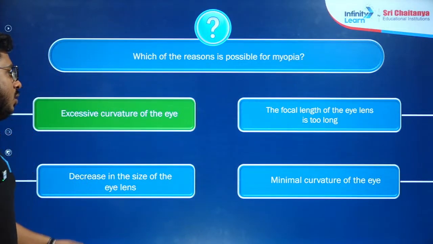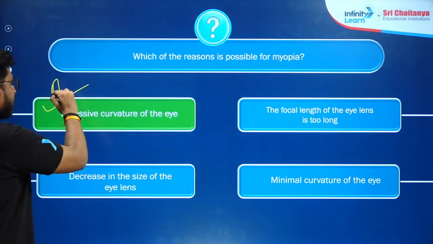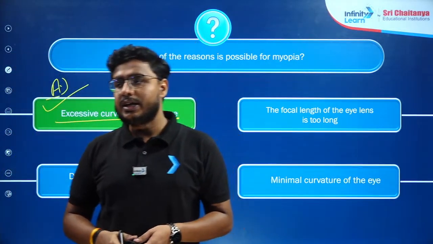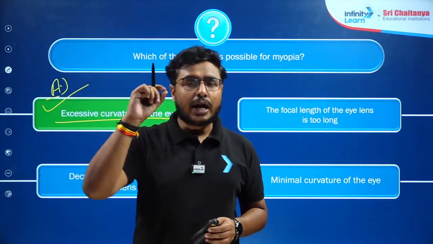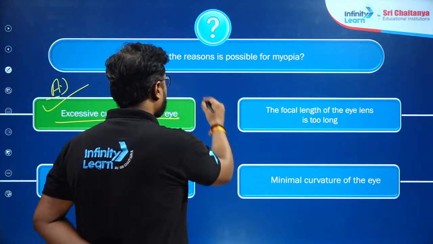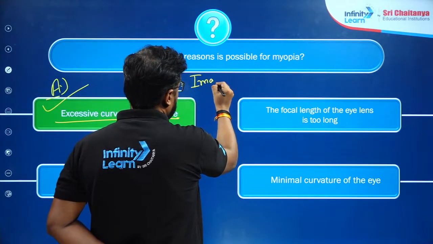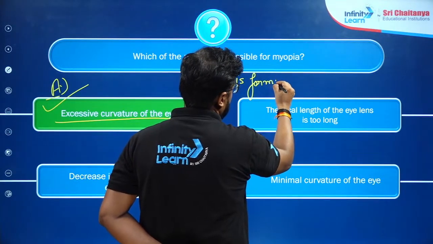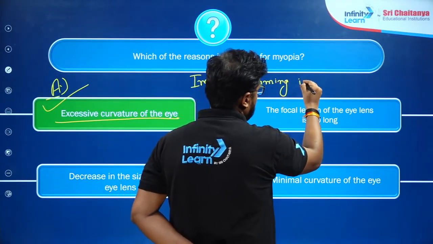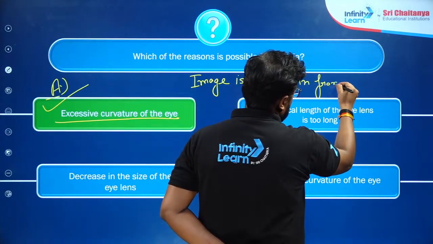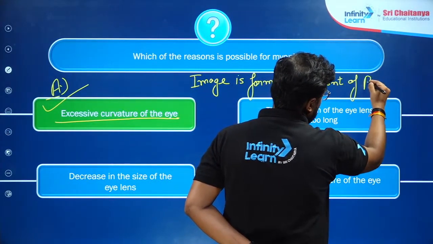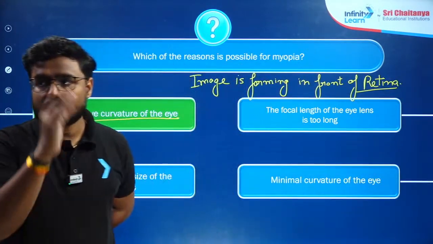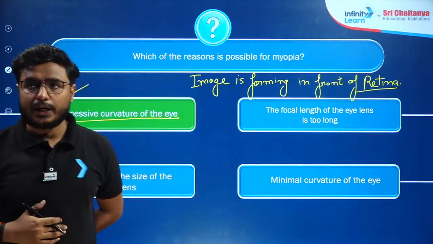So if I'm talking about the reason which are mentioned below, the right answer, it is A part, excessive curvature of the eye. When the curvature of eye is getting increased, the image is forming in the front of retina. Ideally, it should be formed on retina, but it is forming before the retina or in the front of retina.